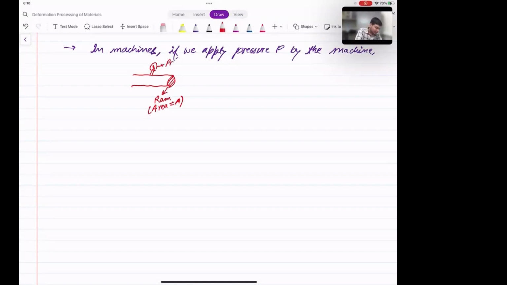Here, the actual condition will be like this. Say this is my ram, and here I have kept the sample.